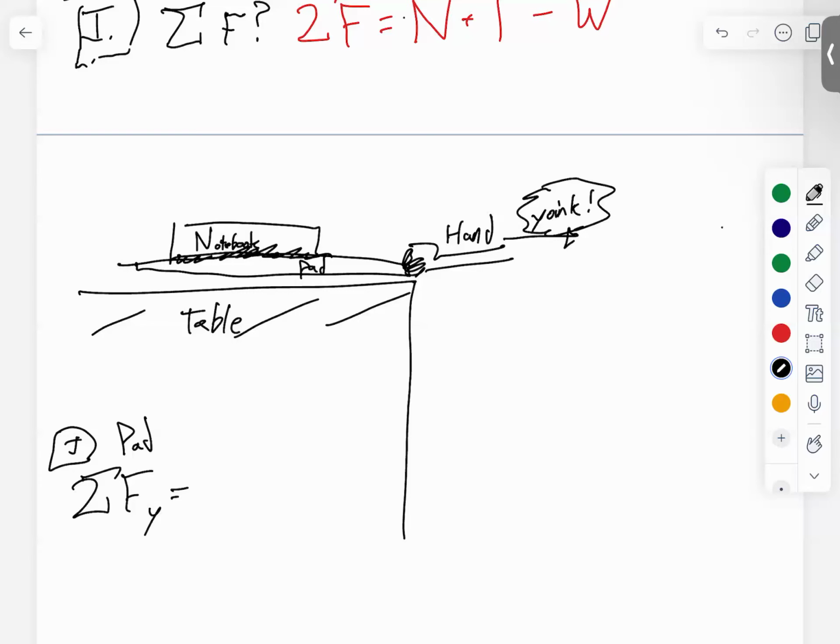What kind of force do planets exert? Good. You should have weight force involved. Weight force of Earth on pad, W_EP. Great. What kind of force does the table exert?